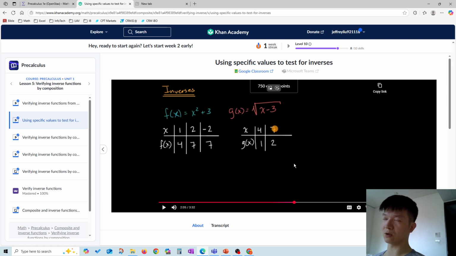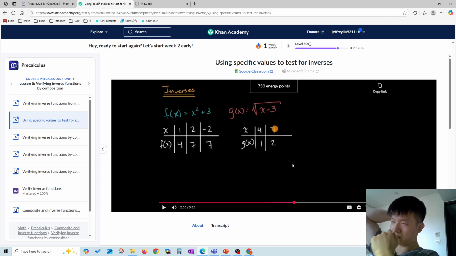Probably. Or I can argue that it's going to be negative, right? It can be a negative number, right? So that will be plus and minus. The answer will be plus and minus.